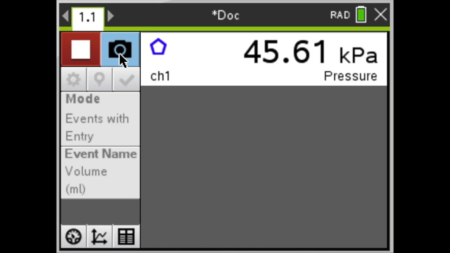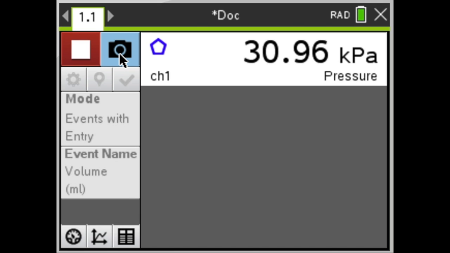Now let me draw out the syringe to about 30, and we want to wait just a little bit because whenever you expand the gas, sometimes the temperature will decrease, and we need to give the gas time to come back to room temperature. You'll see how the pressure takes a while to settle down.